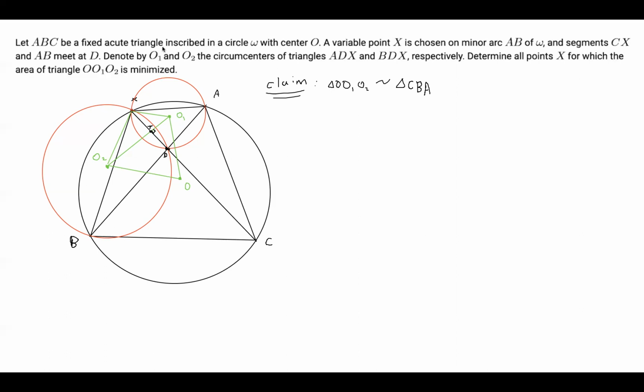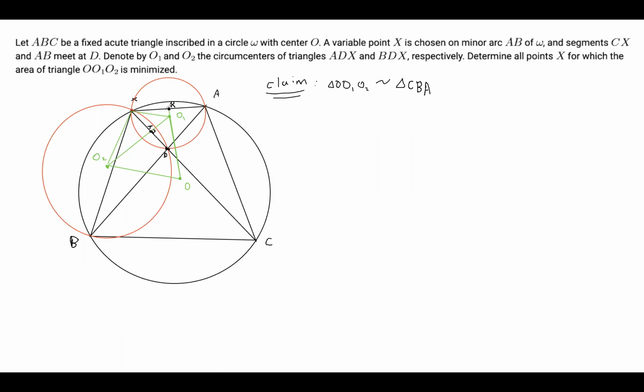Now I am going to extend OO1 to meet AX at a point R. And for the purposes of this problem, we assume without loss of generality that angle XDA is acute or right, so less than or equal to 90 degrees, and thus O1 is inside triangle AXD, and similarly O2 is inside triangle BXD.